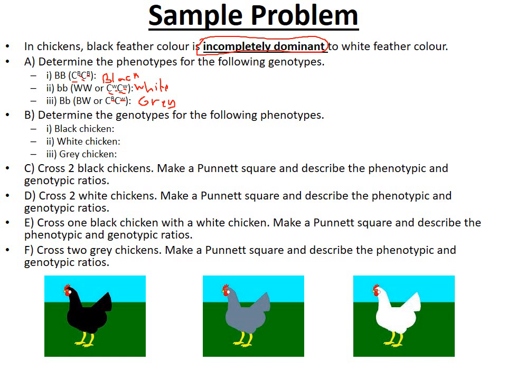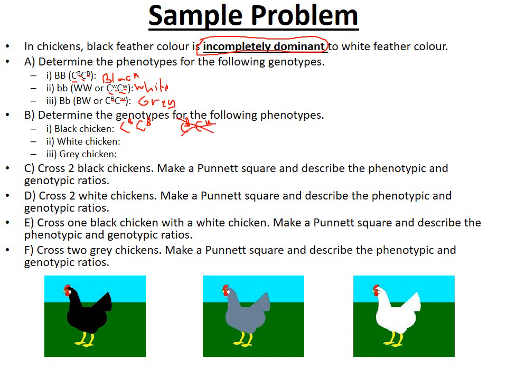So for example, for a black chicken, I would expect the genotype to be CB CB. And it doesn't really matter if you choose uppercase or lowercase for incomplete dominance. Now, if you had put CB CW, that would have been incorrect because, again, in this case, the B is not dominant to the W. It's incompletely dominant.